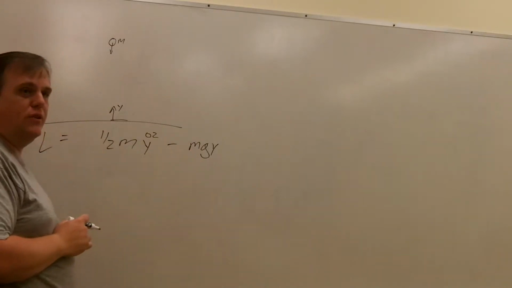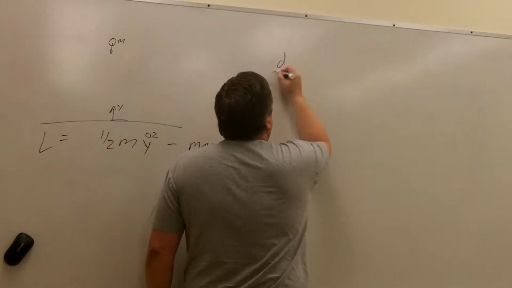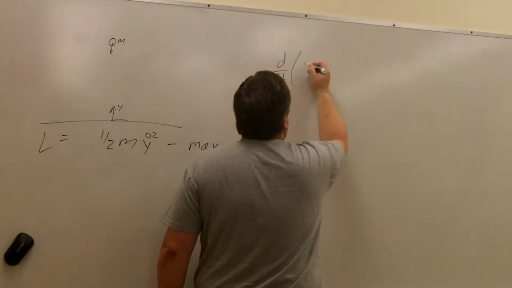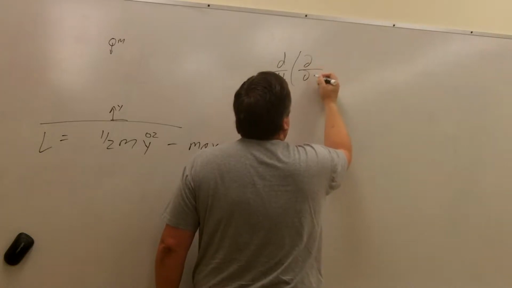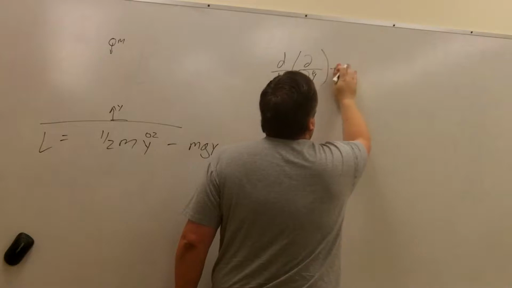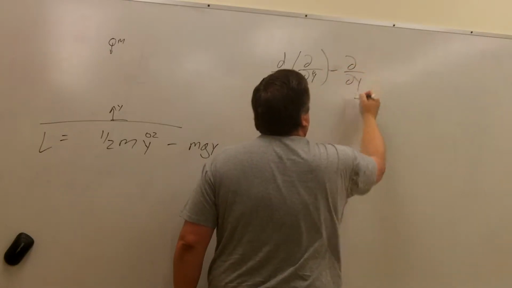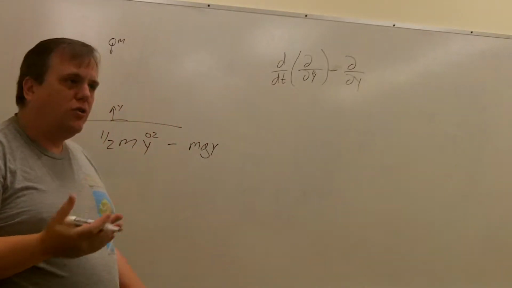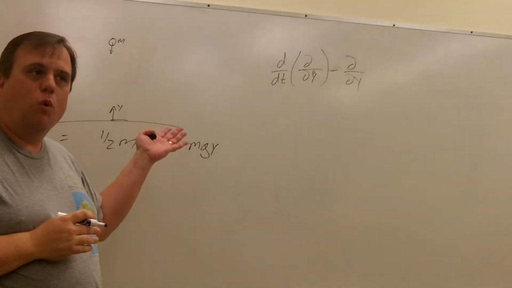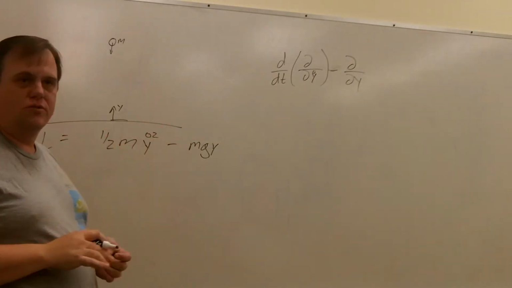Let's take the derivative of it. Now remember, what we're doing is we take the derivative with respect to time of the partial with respect to, in this case, y dot, minus the partial with respect to y in this case. It's our generalized coordinate system. In this case, I only have y and y dot, so I'm just ignoring the x dot and the rest of it.